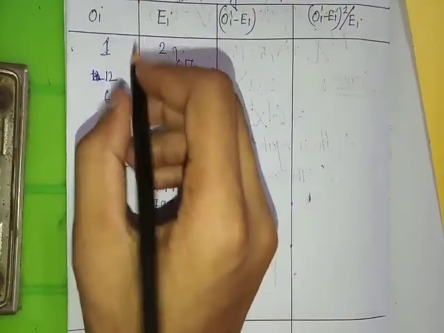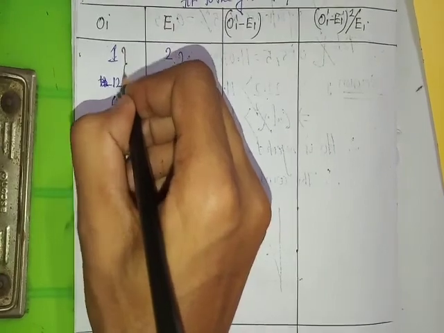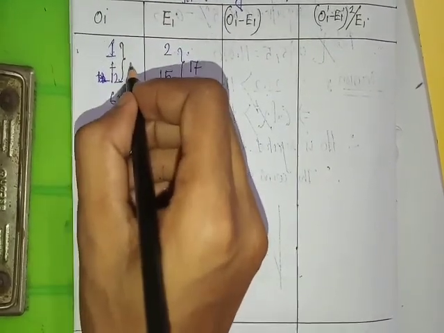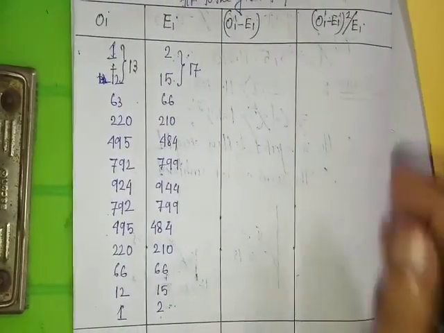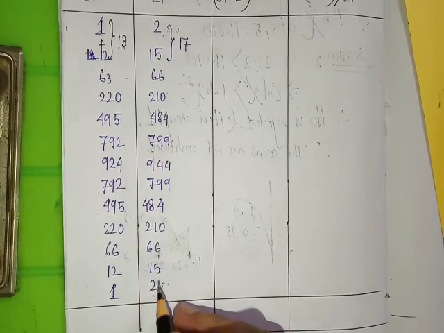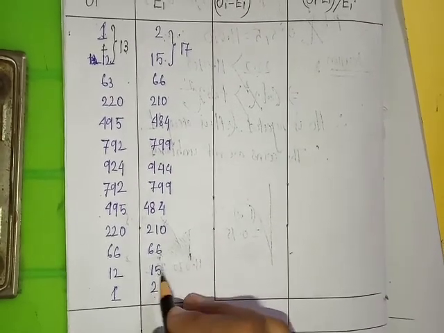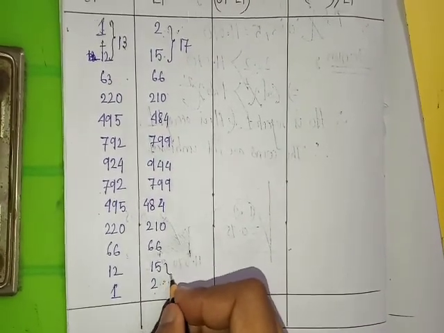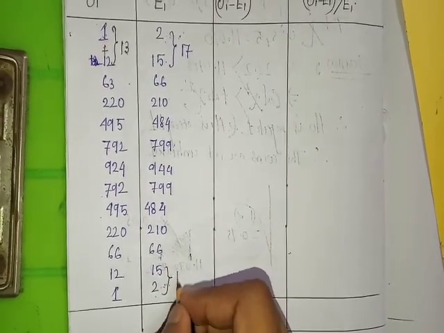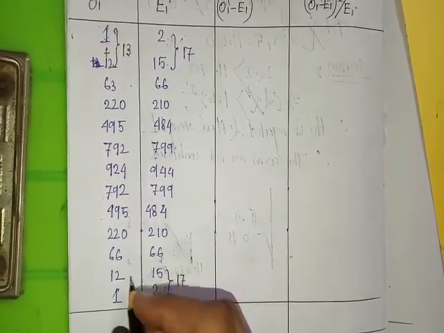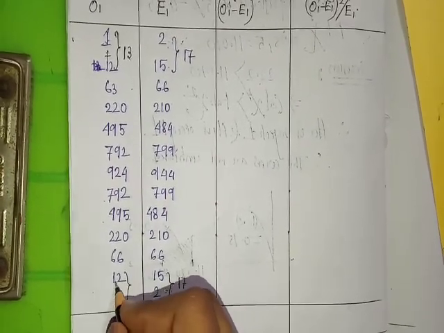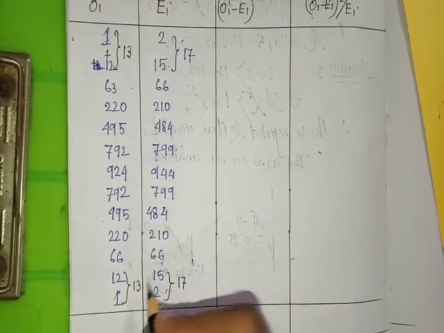The corresponding observed frequency becomes 1 plus 12, that is 13. Next, here the preceding frequency of 2 is 15, so we add 15 and 2, that is 17, and the corresponding new observed frequency becomes 12 plus 1, that is 13.